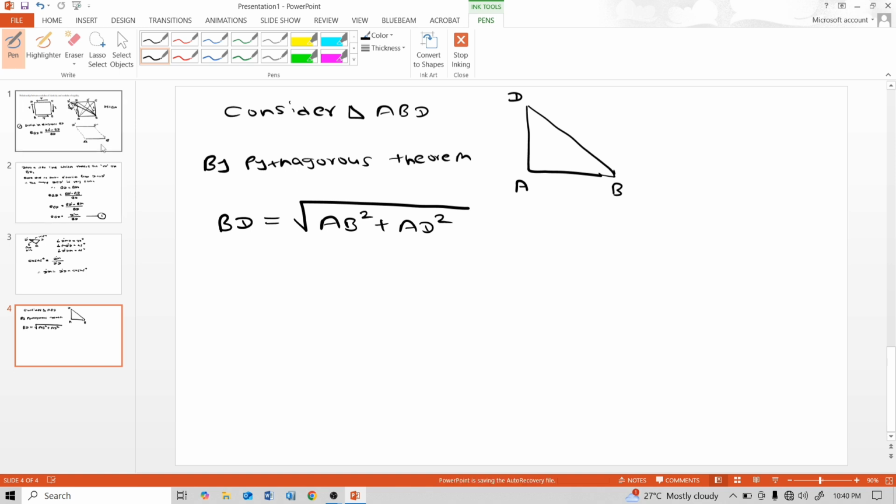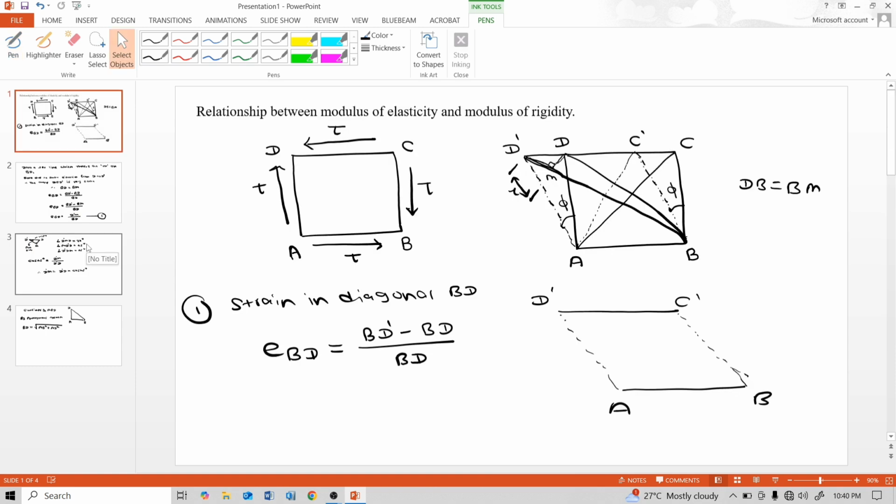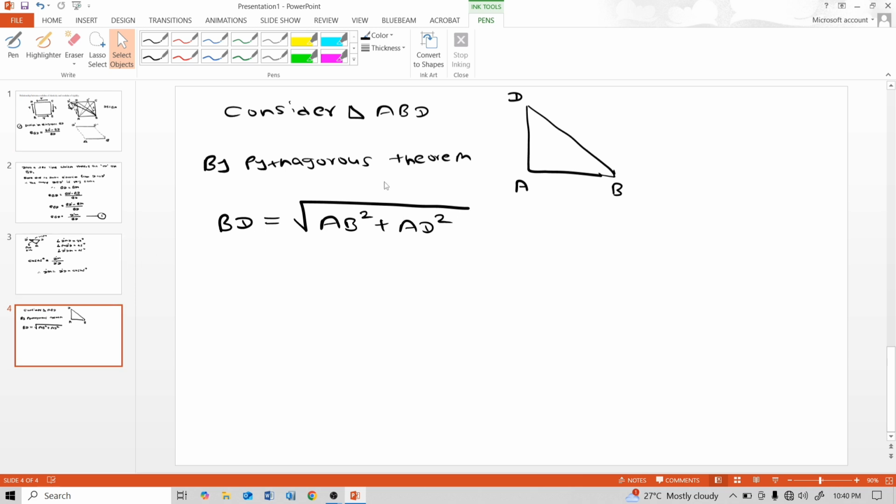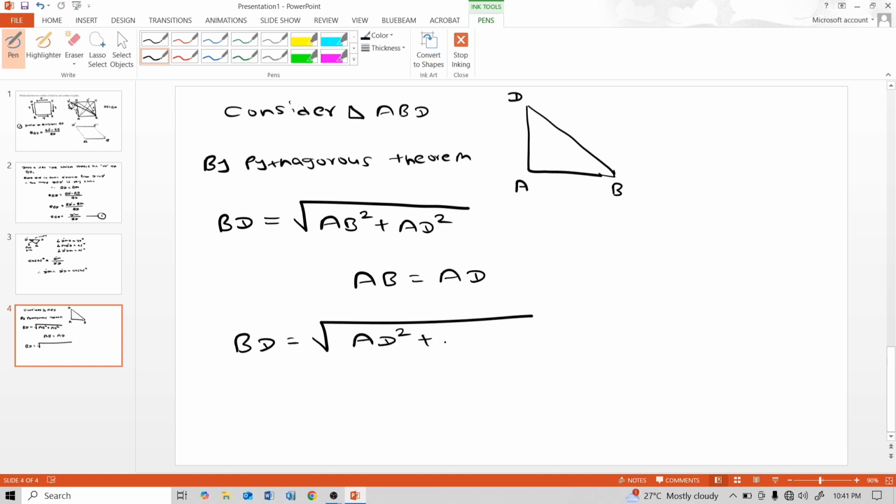In this cube all four sides are equal, so AB is equal to AD. BD is equal to the square root of AD square plus AD square, the square root of 2 AD square.